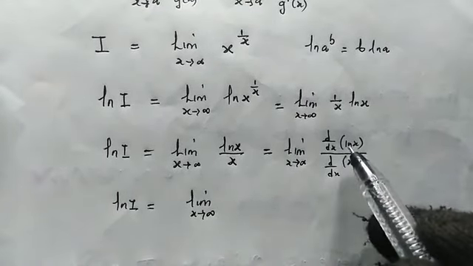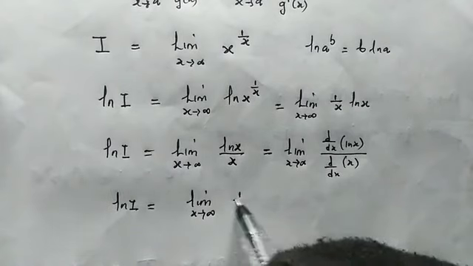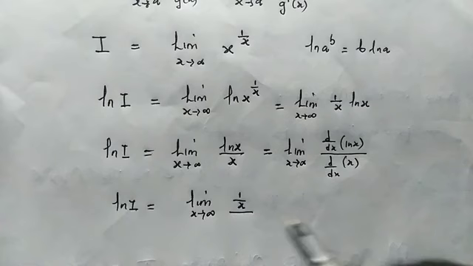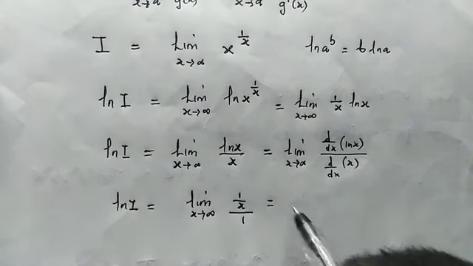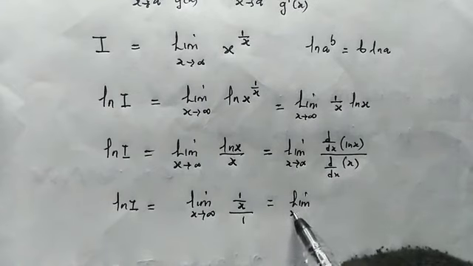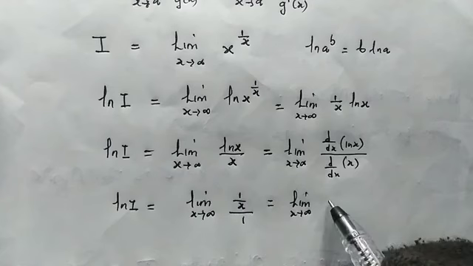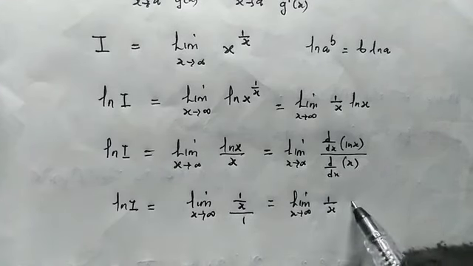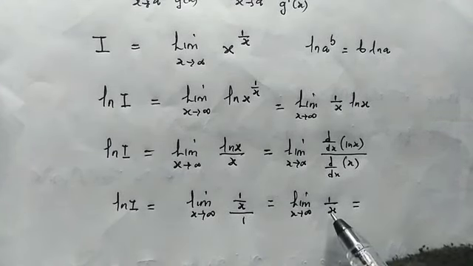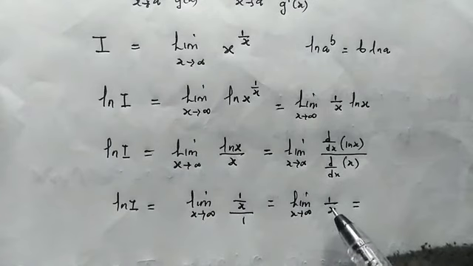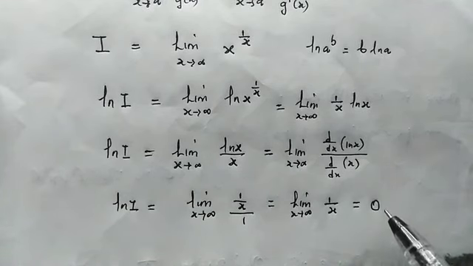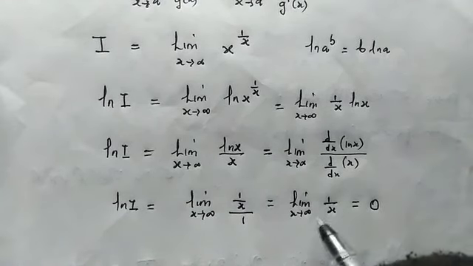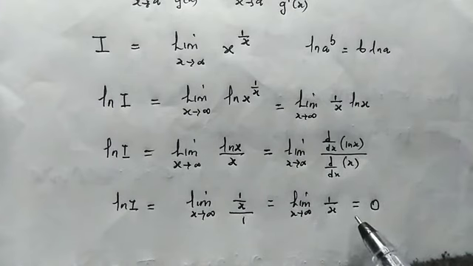Now the derivative of the natural log of x is 1 over x, divided by the derivative of x, which is 1. So this is equal to the limit as x approaches infinity of 1 over x. And we know that the limit of 1 over x as x approaches infinity is 0, right?